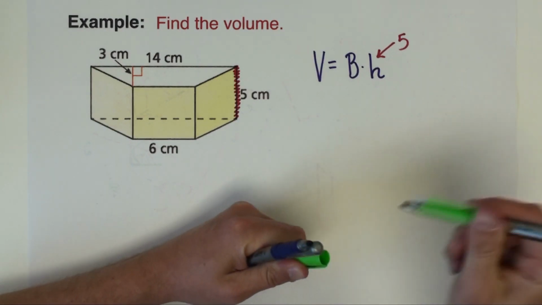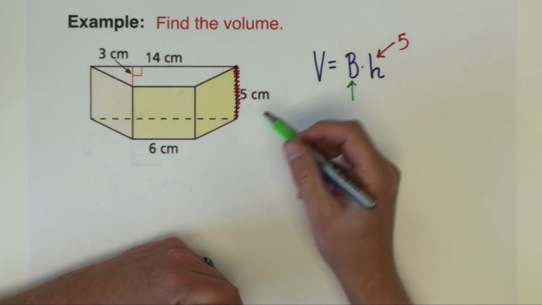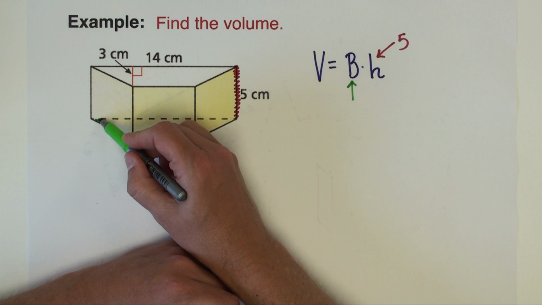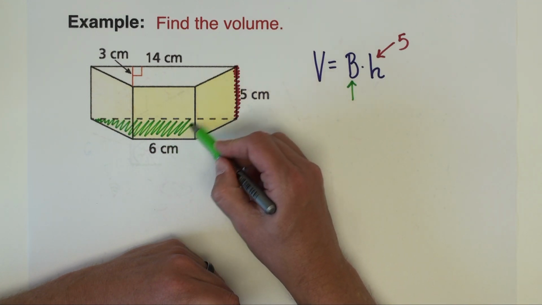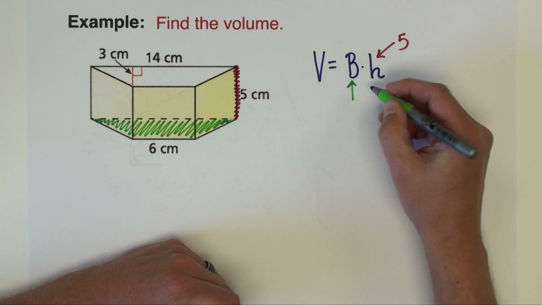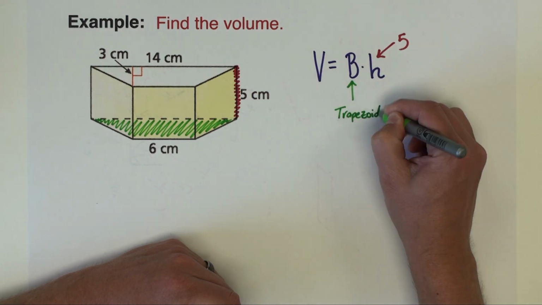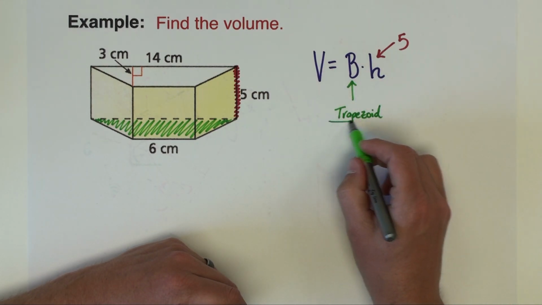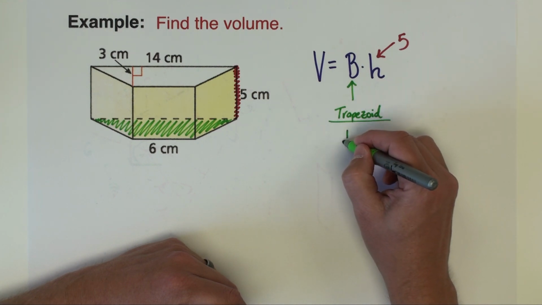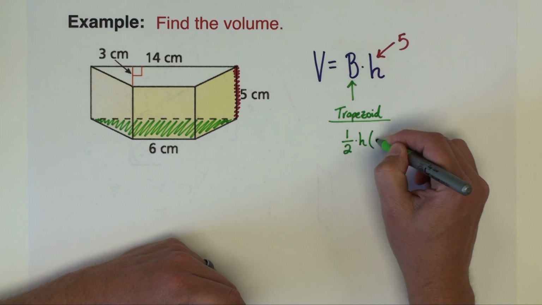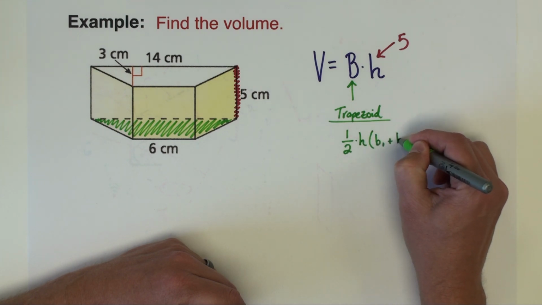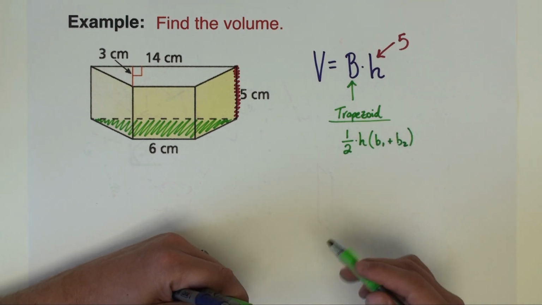The base area, the shape of the base, if we look at it right here, the bottom of this figure, is a trapezoid. So I need to find the area of that trapezoid. And the area of a trapezoid is 1/2 times its height times the sum of the bases.